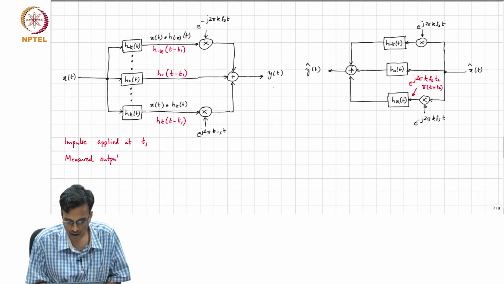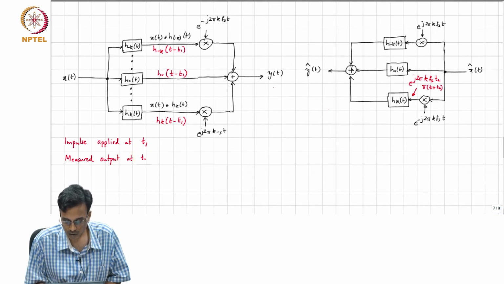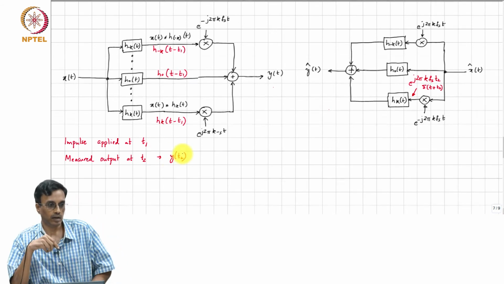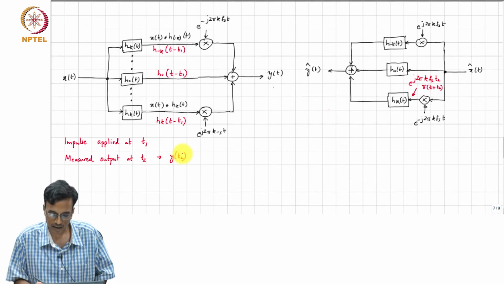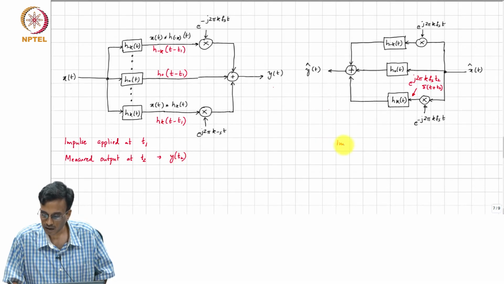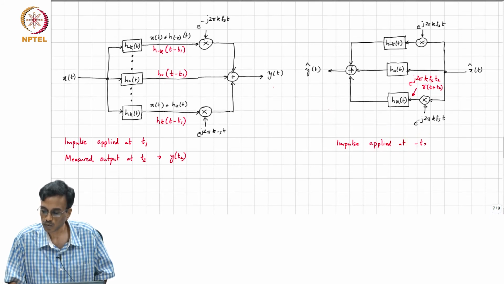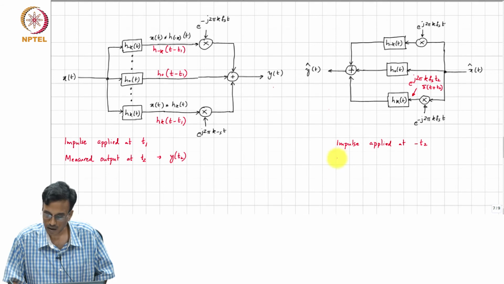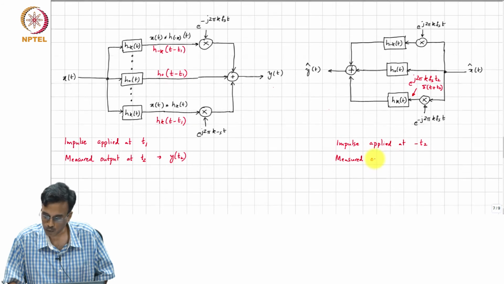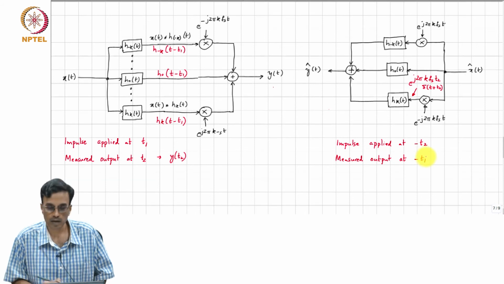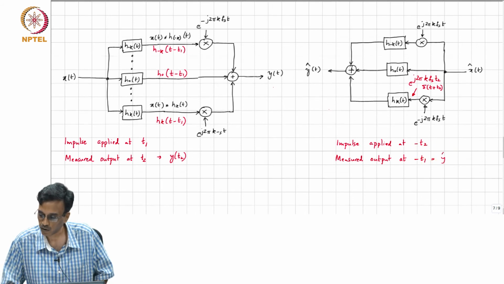This will give you y of t2, which is exactly the same as the impulse applied at minus t2 and measured at minus t1, and that was y hat of minus t1.